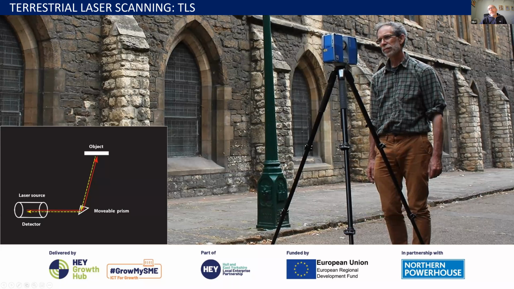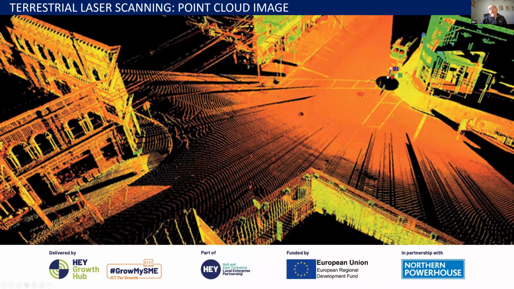So essentially, over in this top right corner here, you'll see a little black disc on the ground. That's the footprint of the scanner. And as it rotates, it throws out a laser beam. It then fires back to the scanner, and essentially, the scanner records a point in space with an X, Y, and Z coordinate.